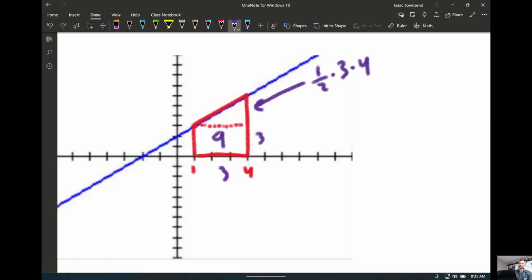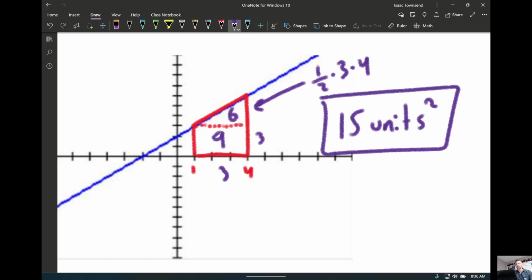And that looks to be 6, I believe. So 6 in area, 9 in area, 15 square units total. That look okay? Okay. So again, no calculus needed.